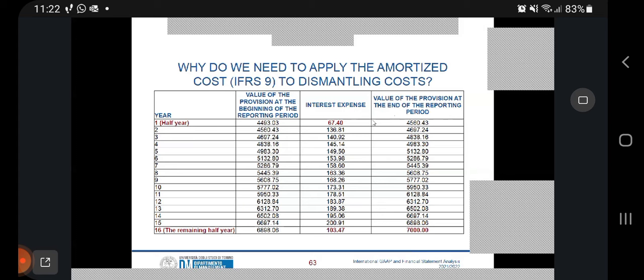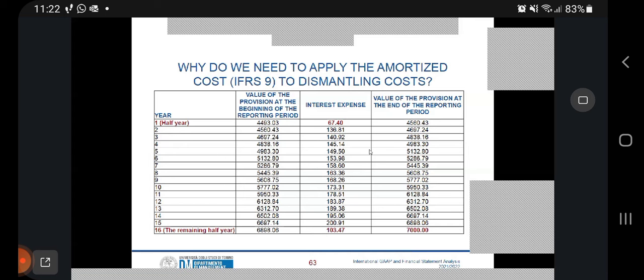If you go on step by step for each year, you get the value of the provision at the end of the third year, which is equal to 4,838, while the interest expense is equal to 140. And let's go for the next year.